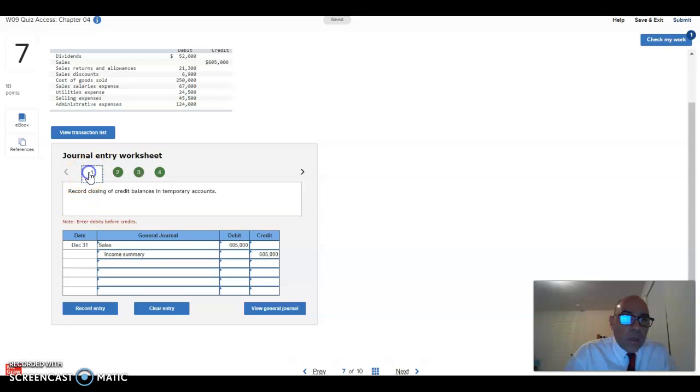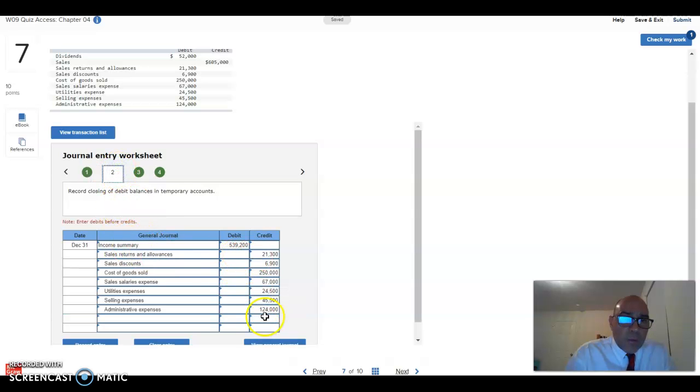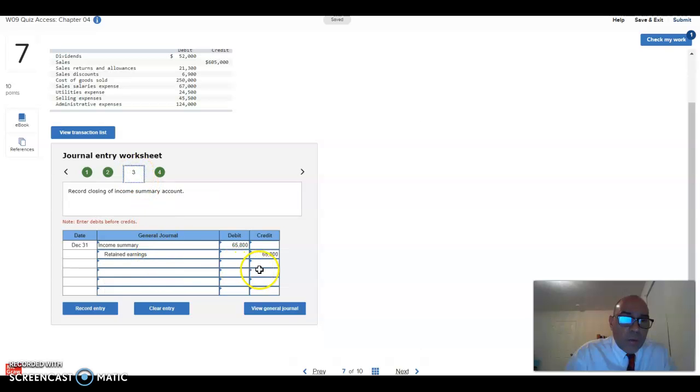It's the sales minus the expenses that gives us the retained earnings. So the retained earnings is going to be $6,500 versus the income summary of $6,500. That's step number 3, and it's called close income summary account.